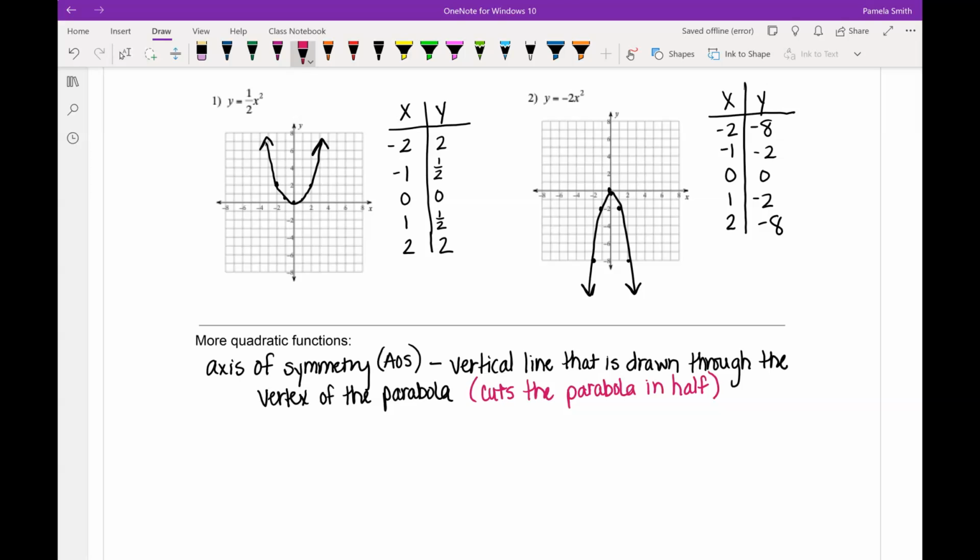And we'll be marking the axis of symmetry and using that information as we go through some of today's problems. So again, we talked about axis of symmetry yesterday, but we didn't add it to our official list of terms. So now we've got it defined, what it does.